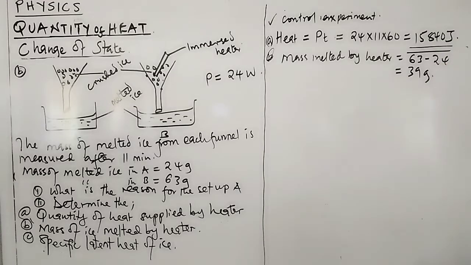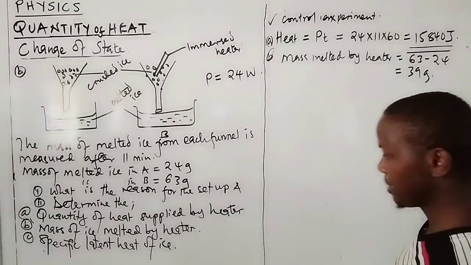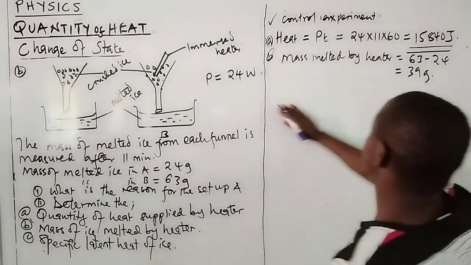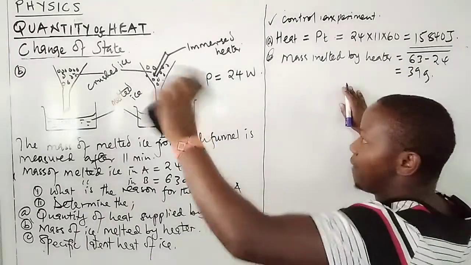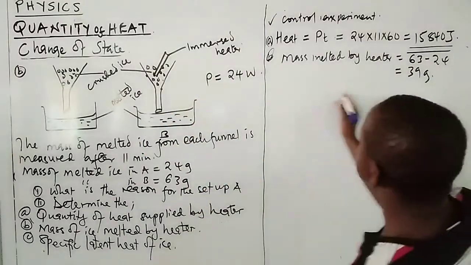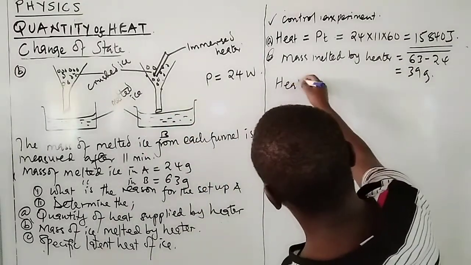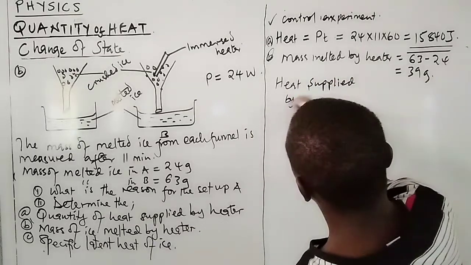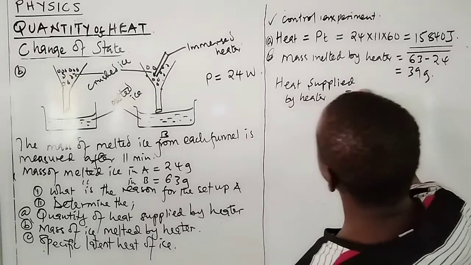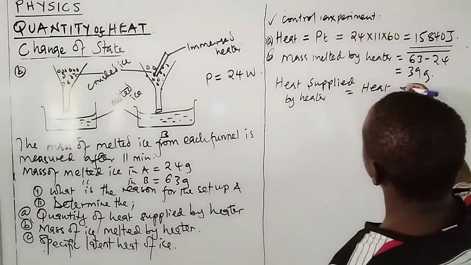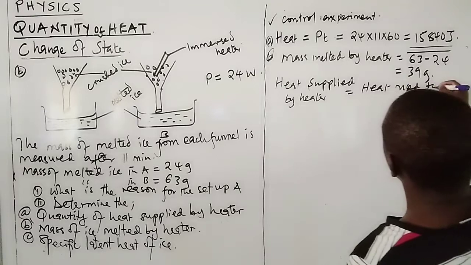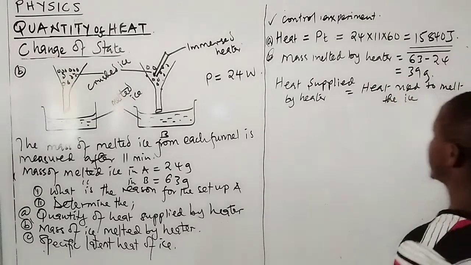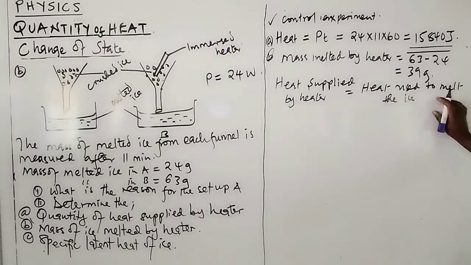Then we are told now to find the specific latent heat of ice. As we usually say when we were discussing the experiment, the heat supplied by the heater is equal to the heat used to melt the ice, and we call it latent heat of fusion.